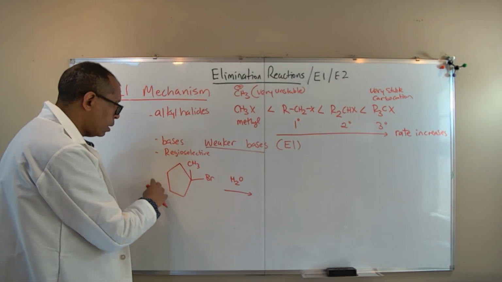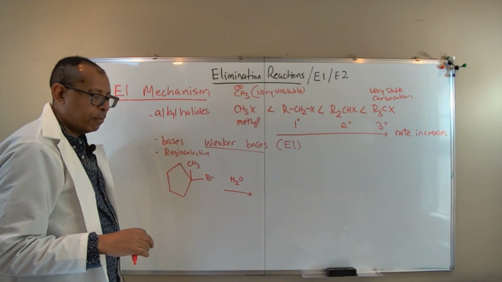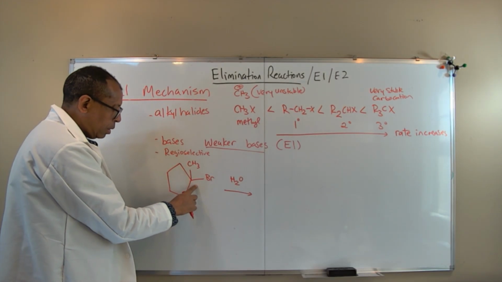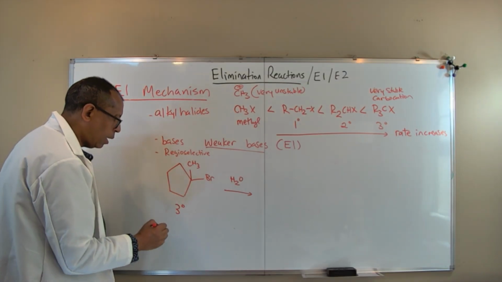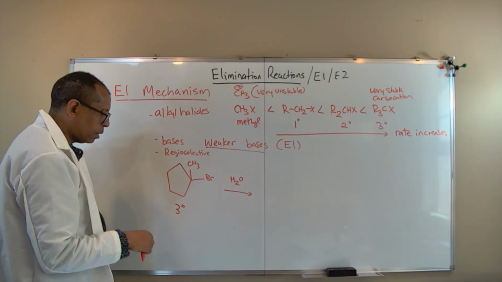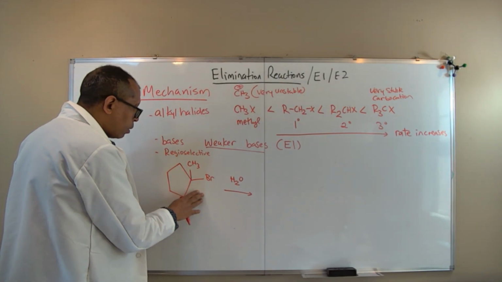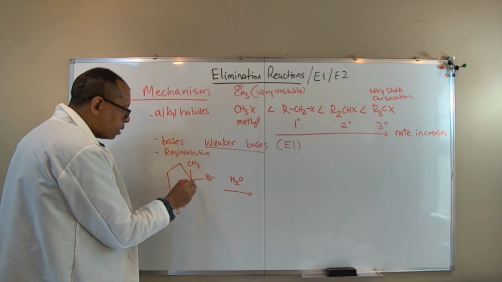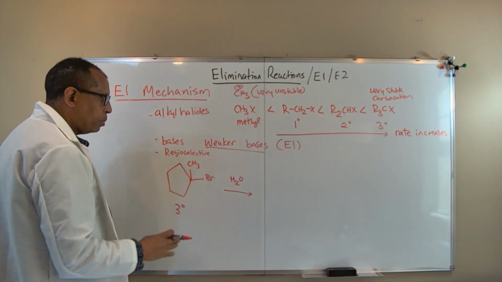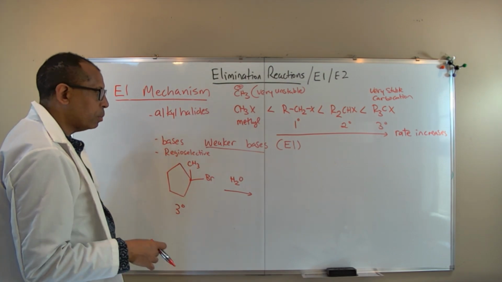Let me do one more example for the E1 mechanism. As you see, you have a tertiary alkyl halide. This is methyl cyclopentyl bromide. So this carbon right here is tertiary, and the leaving group is bromine, which is also a good leaving group.